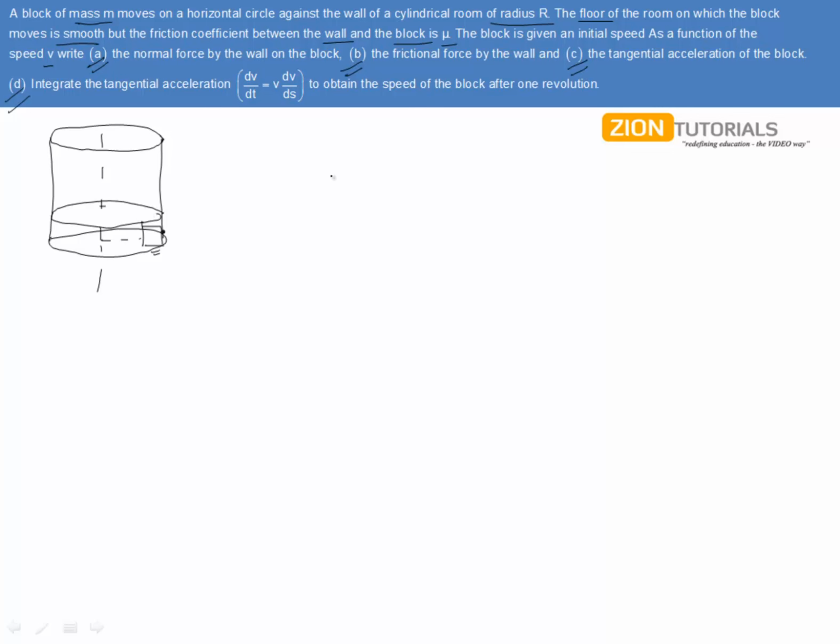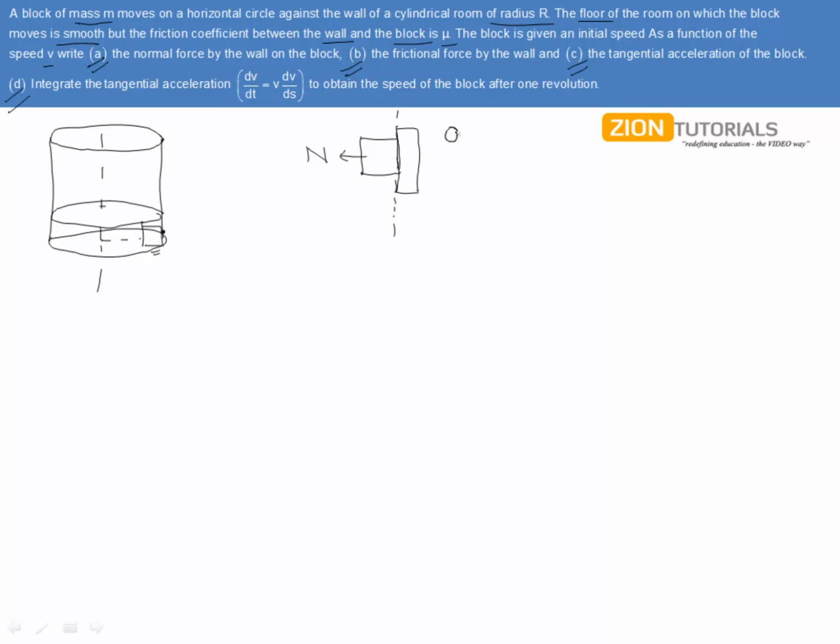If this is the block and this is the cylindrical wall, then obviously there will be a normal reaction by the wall on this block and a friction working along this direction, because these are the two surfaces in contact with each other.